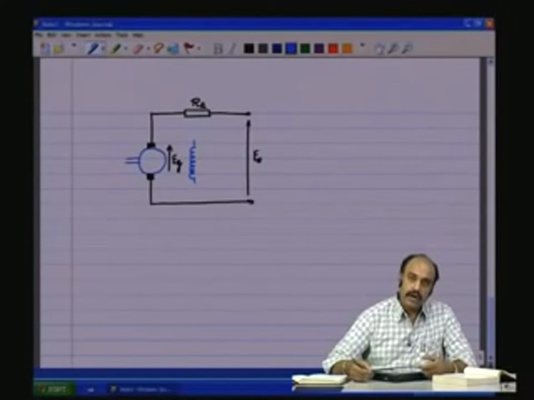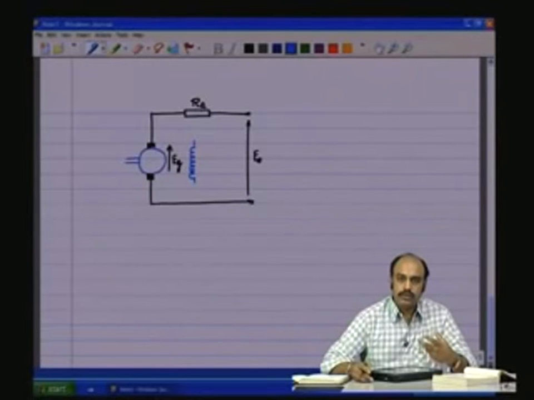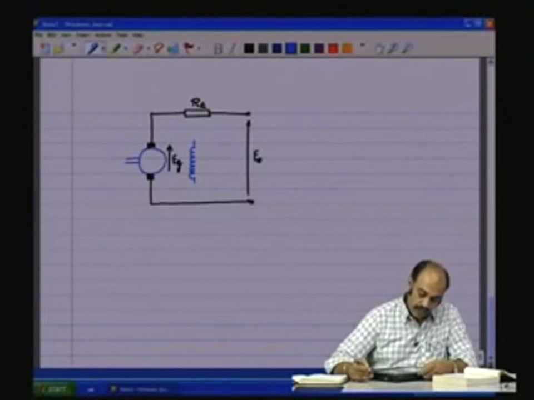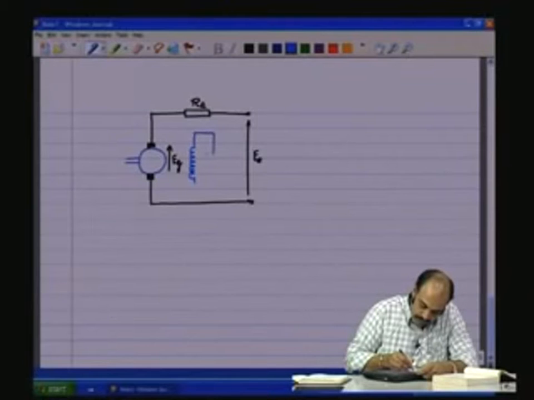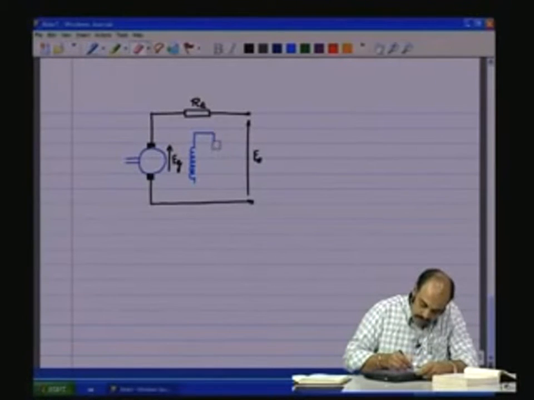Now, this field coil has to have a current to provide the excitation, that is, it has to have a field current I F. Now, this field current I F can be obtained by a separate, let us say, source.